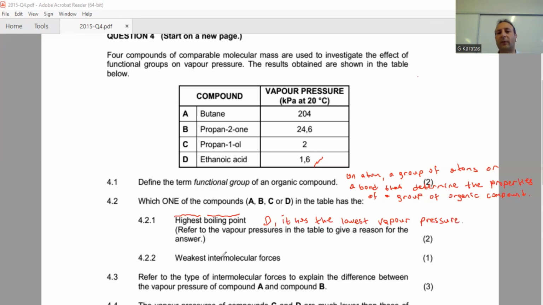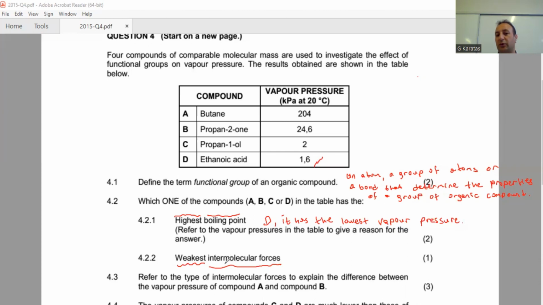All right. And the next one, weakest intermolecular forces. Intermolecular forces and boiling point are directly proportional. The stronger the intermolecular force, the higher the boiling point. But remember, boiling point and vapor pressure are inversely proportional.